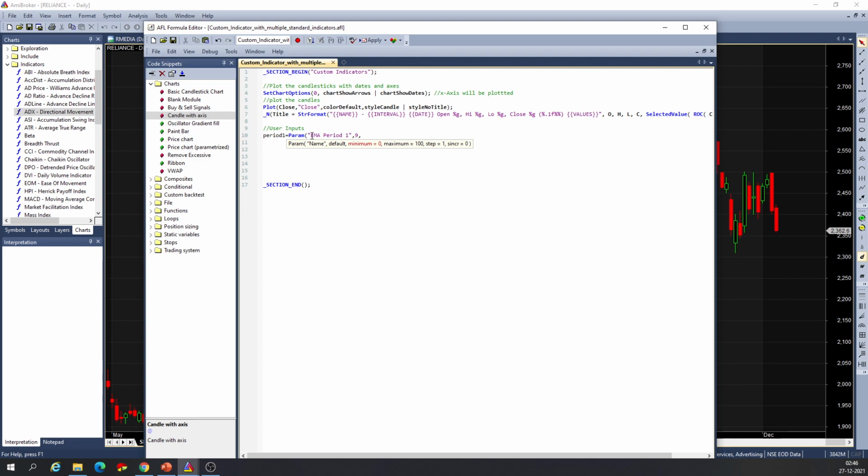Okay, so this is a short EMA, shorter time frame EMA. This is the minimum is 1, maximum is 100, and step is 1. So let me then add for the period 2. Okay, so here we have EMA period 2, and then the default I'm taking it as 13. Okay, so this is a longer term EMA.